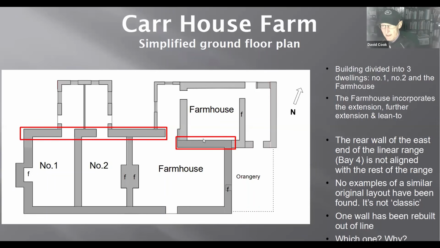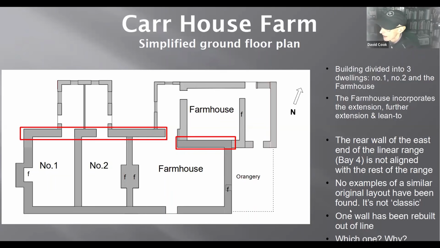So this particular shape here of the linear range, we note that the rear wall of the east end of the linear range is not aligned with the rest of the range. And we haven't really found any examples of a singular original layout. None have been found.